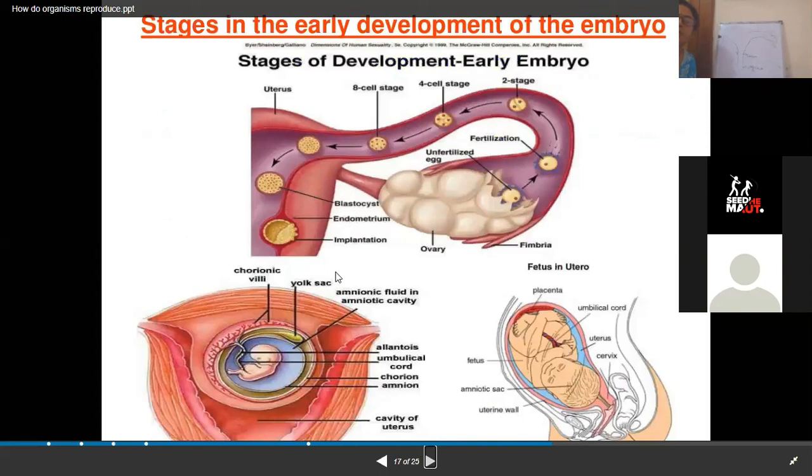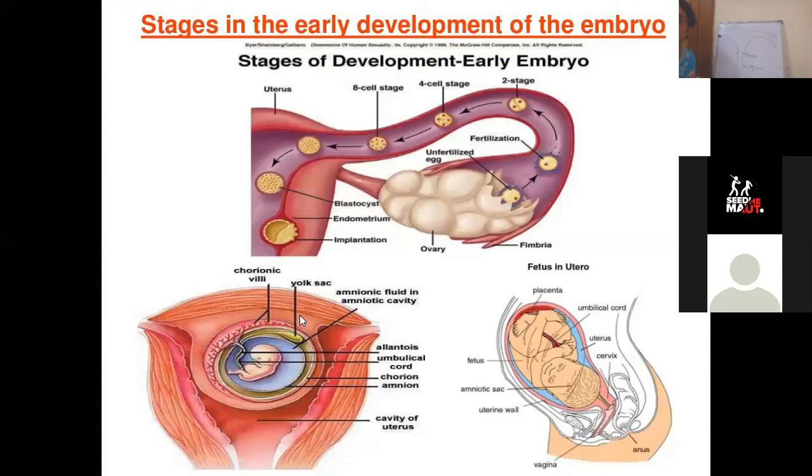In this diagram on your screen, this disc-like structure where my cursor is pointing is called the placenta. It provides nutrition to the human baby, right?